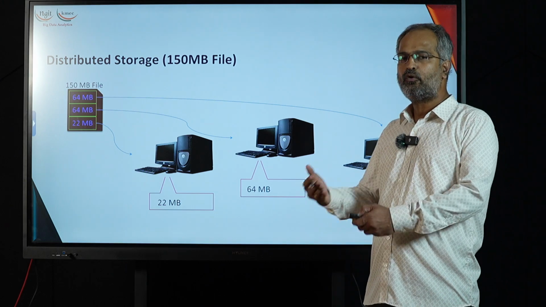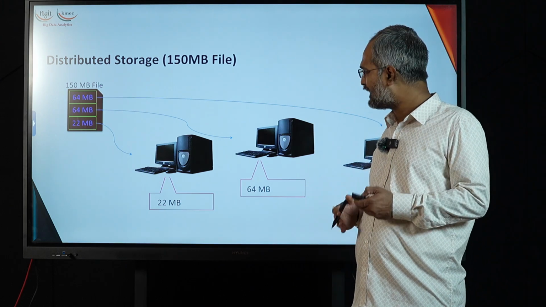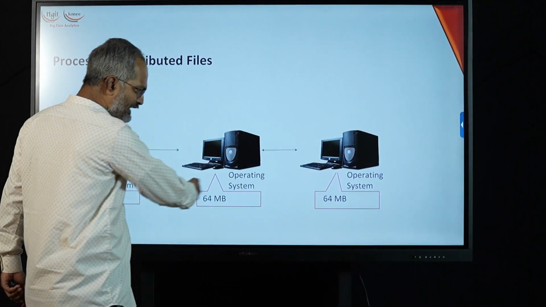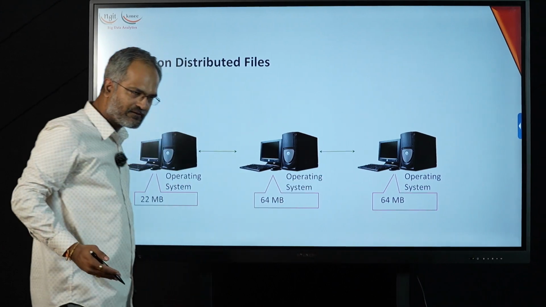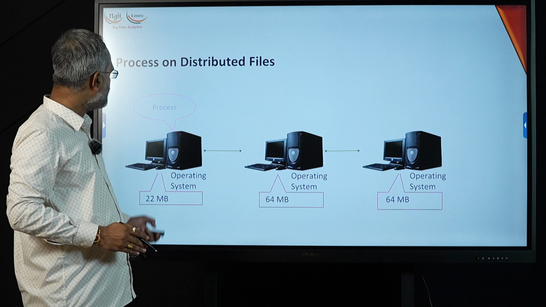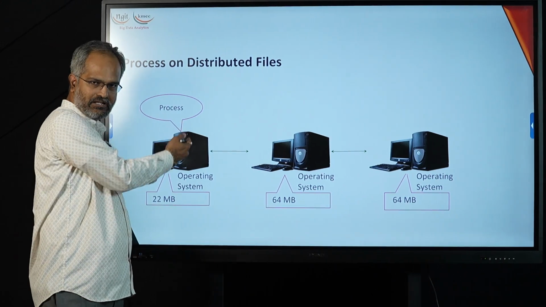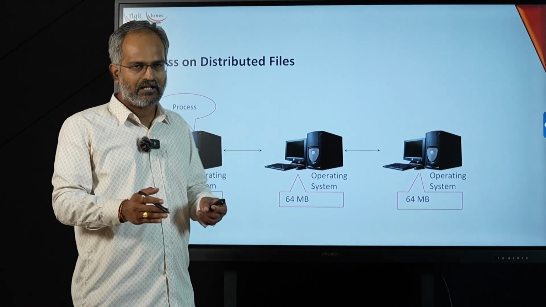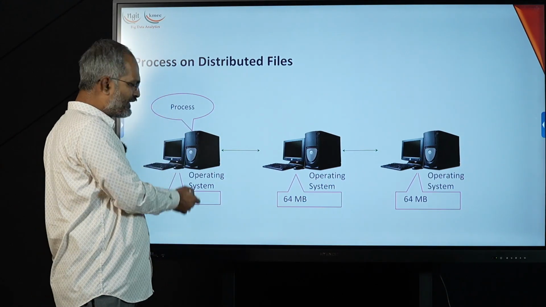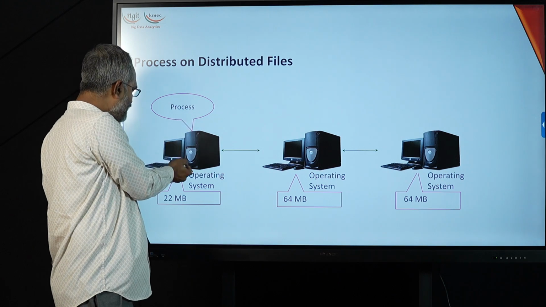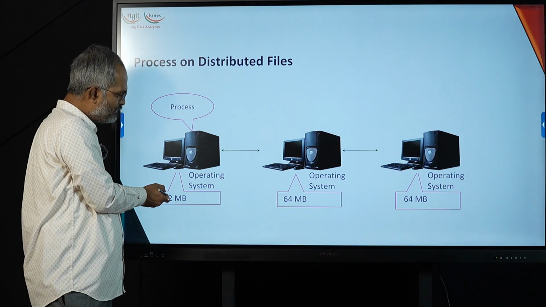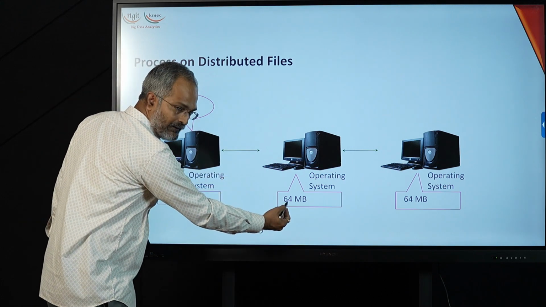And now we are going with the distributed processing in brief. Even if you have distributed the data into various systems, still we have a problem, that is the process. Now see here, there is a process initiated. Generally if you start the process, it will be initiated in one machine only. Let us say, for example, the initiated process is in this machine. So this process can access the data here easily. But what about this data?